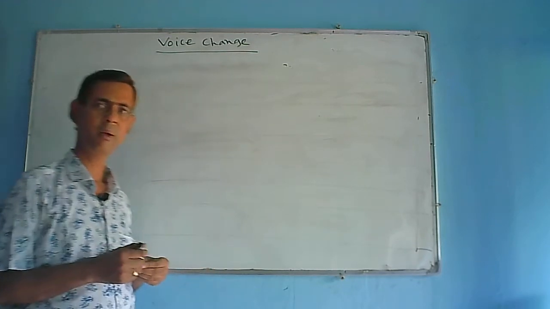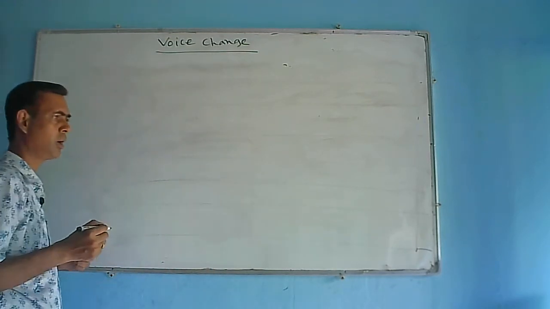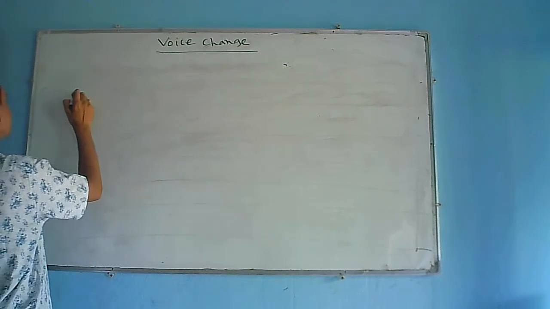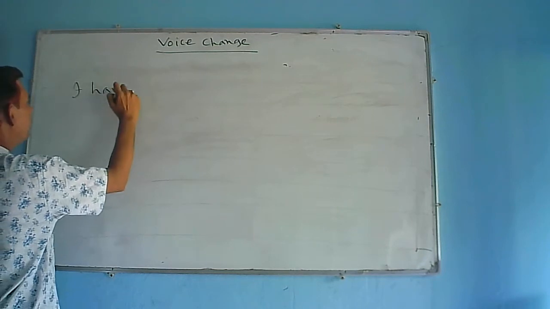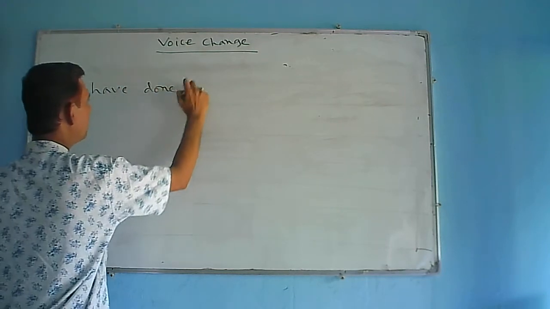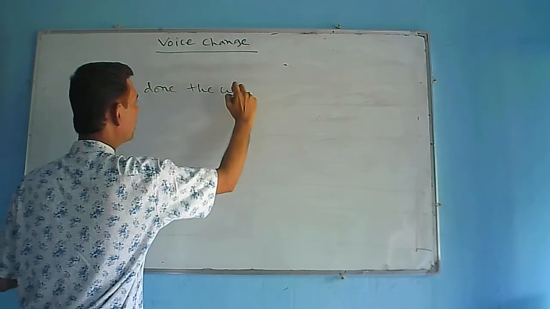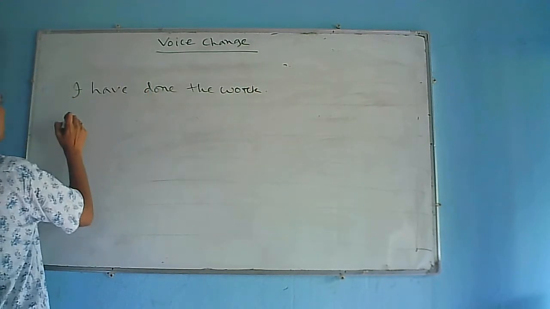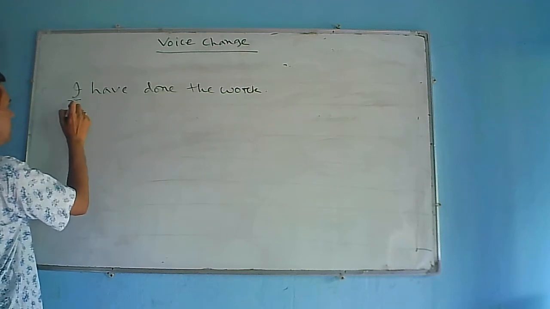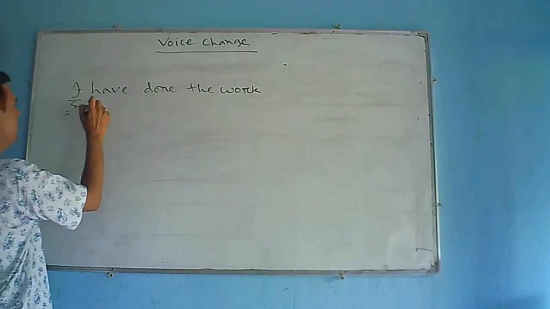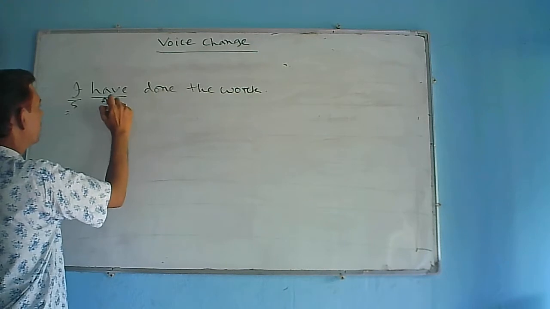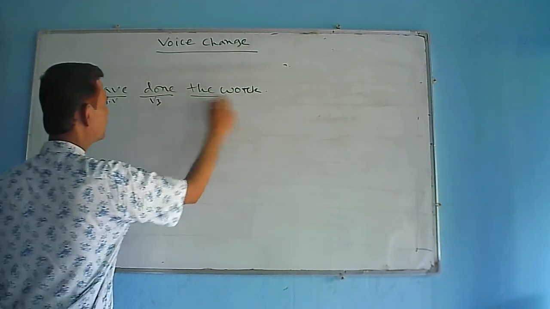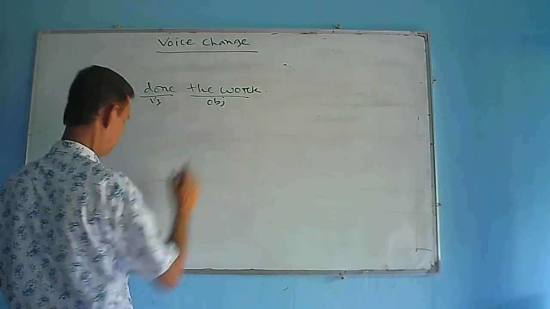Now I will show you one or two examples by using one or two sentences. Suppose I have done the work. I have done the work. Here this is the subject, this is the auxiliary verb, this is the principal verb, third form of verb, and this is the object.